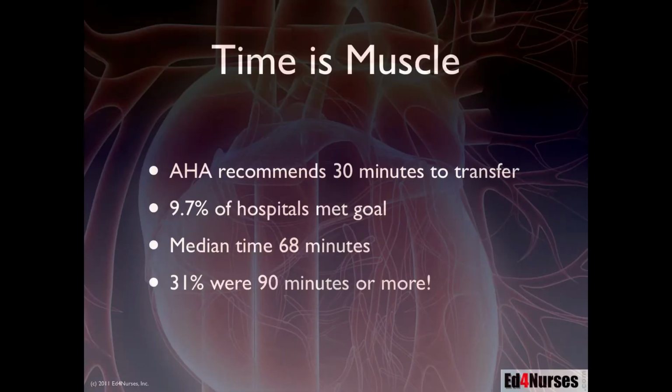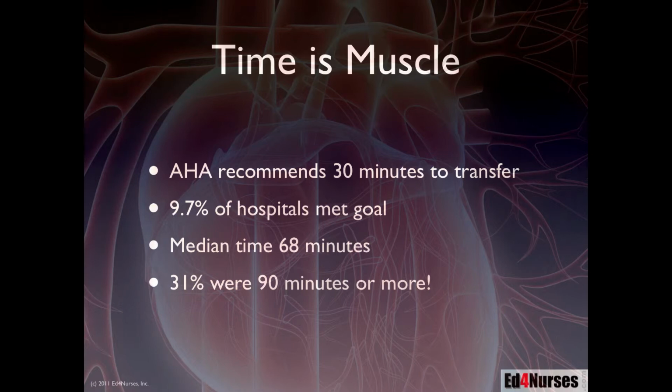Well, the American Heart Association recommends that we have 30 minutes from the time the patient presents to the emergency department until we transfer them to a facility that will have PCI available. So that was the current recommendation. In this study, they found that only about 9.7% of hospitals met the goal.